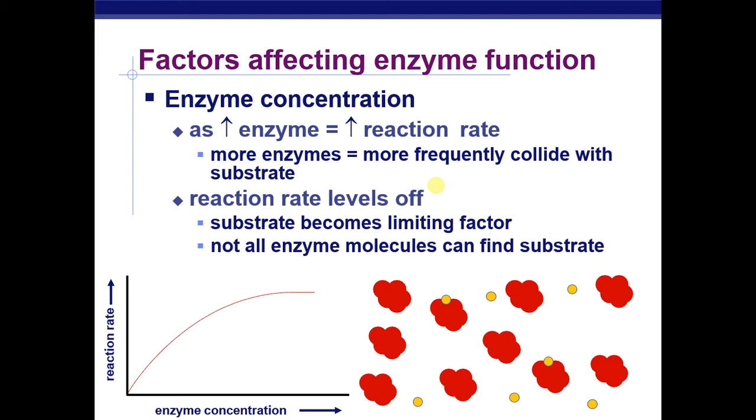The enzyme and the substrate are coming together and reacting as quickly as possible, and adding more enzyme really isn't helping because the substrate is what is in limited supply. So in general, increase the enzyme concentration, increase the reaction rate, but up to a point, and then we'll have that diminishing returns model.